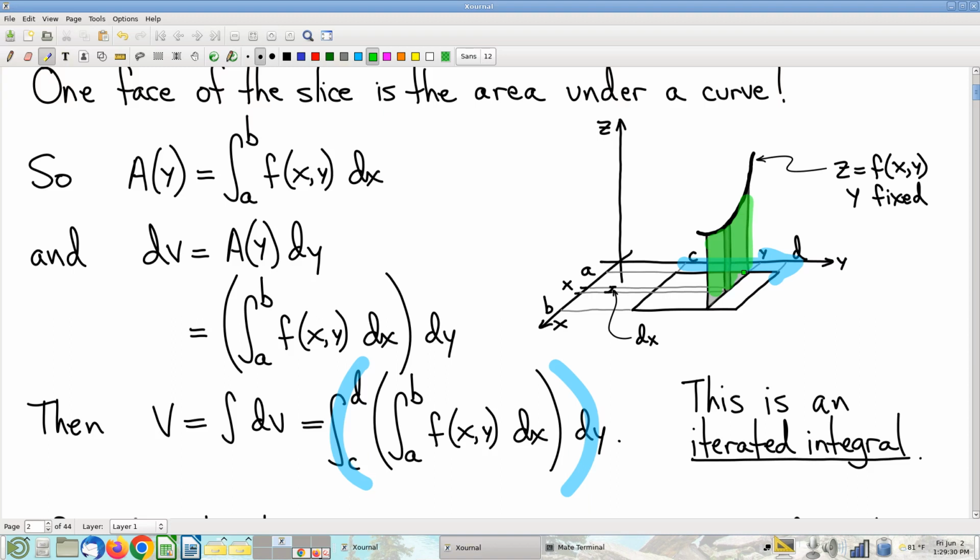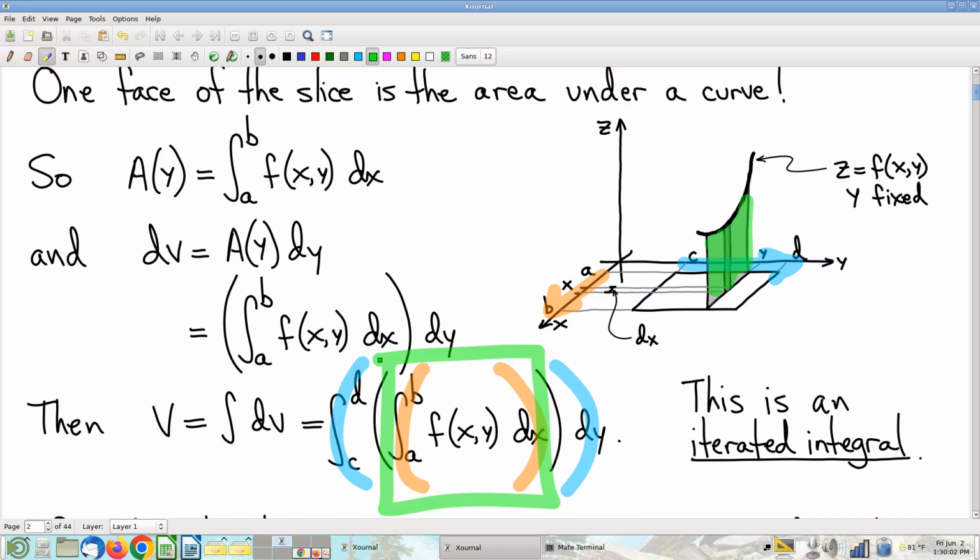That's what the y integral is representing. And then, for any given value of y, x goes from A to B so that I can compute what that cross-sectional area is. That's weird, right? So again, we're literally doing an integral in the y direction, and then elsewhere in the calculation we're doing an integral in the x direction. Is everybody on board?